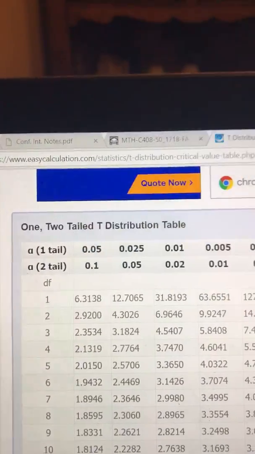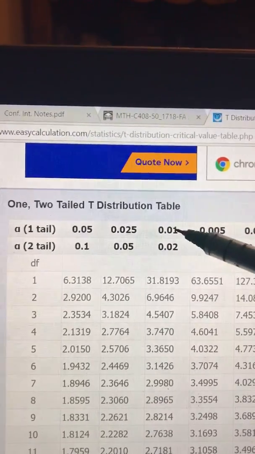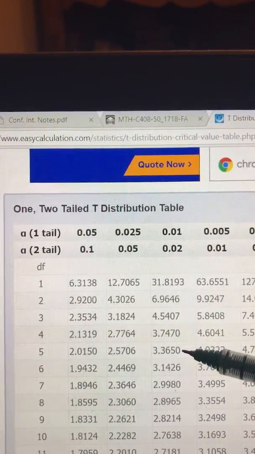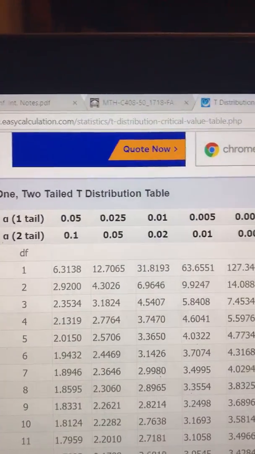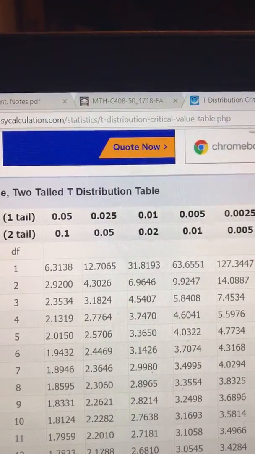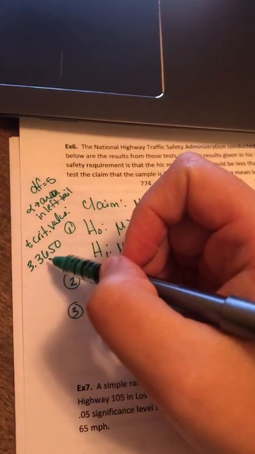So you would go to your chart. You're looking at alpha in one tail. It is 0.01 this time, so you're going to go over to 0.01 in one tail. Our degrees of freedom is 5, so we're going to go down to 3.365. So our T critical value is 3.365, except it's in the left-hand side, so you have to remember again, make that negative.